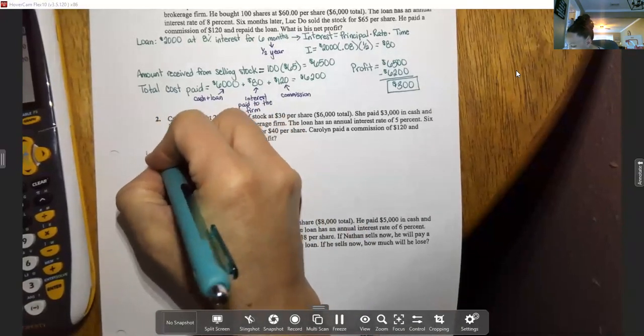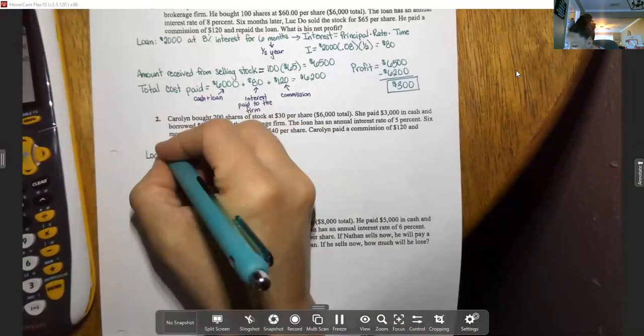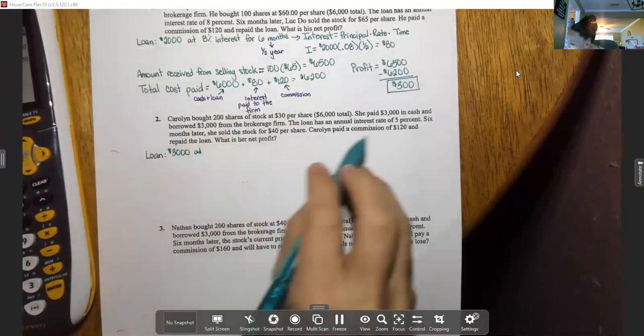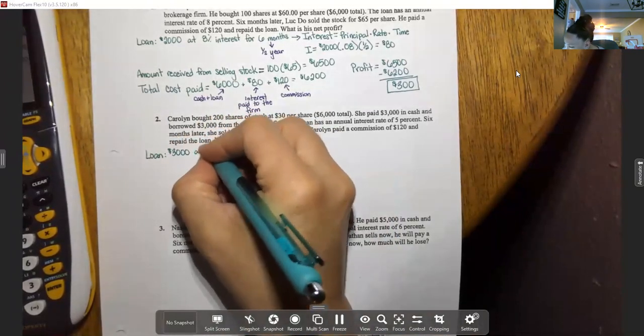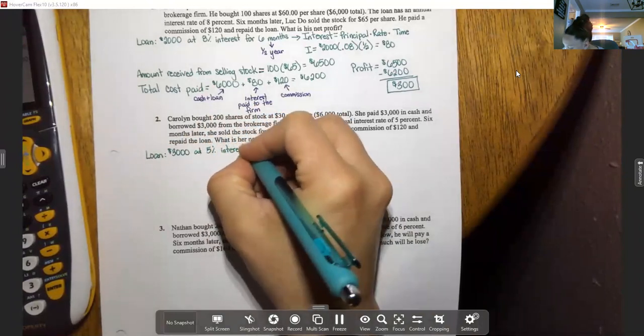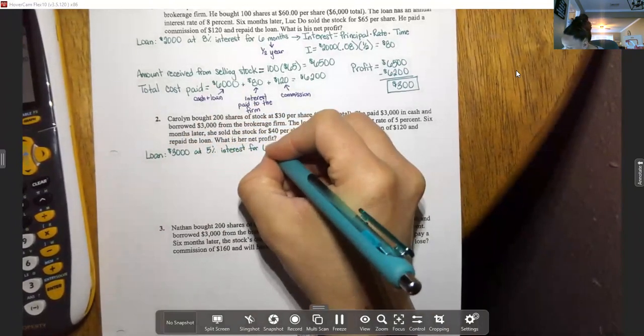So same idea with the loan. So her loan, she borrowed $3,000 at 5% interest. For 6 months again.